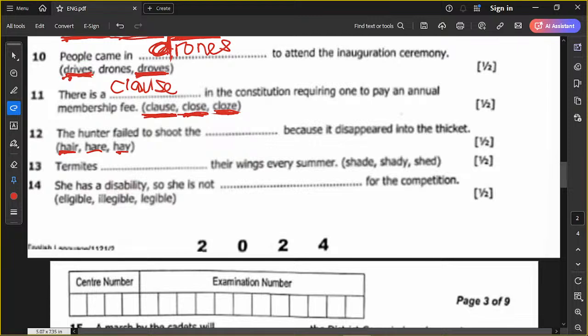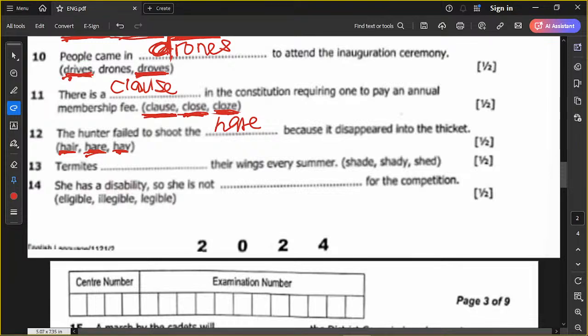This one is an animal, and this one, hay, is something else like food for animals. Then the correct spelling for the animal is this one.